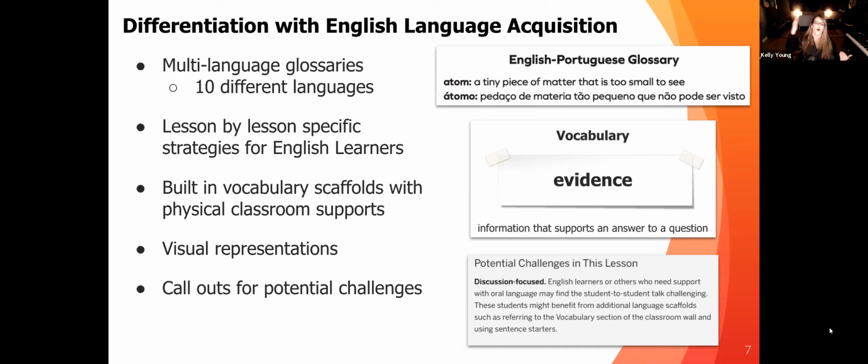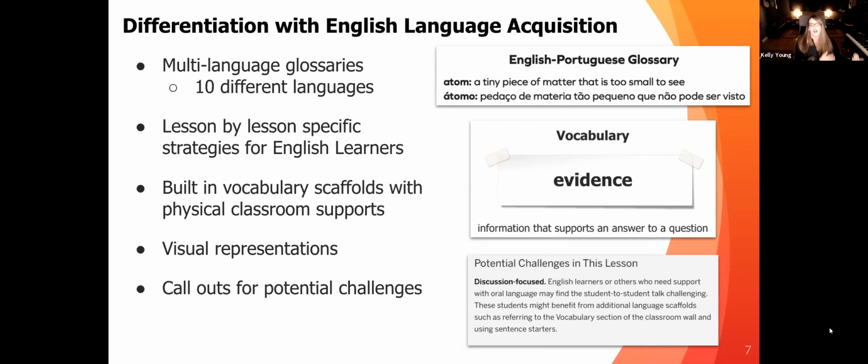So you have again all of these visual scaffolds, visual representation, and then on top of that, in the differentiation portion in all of these different lessons, you have these call outs for potential challenges. So that for me has been amazing because I can't always predict what is going to maybe be challenging for a certain speaker of a certain language.